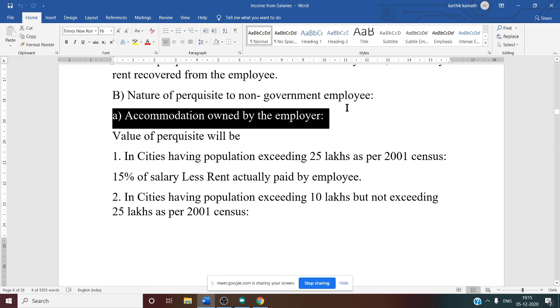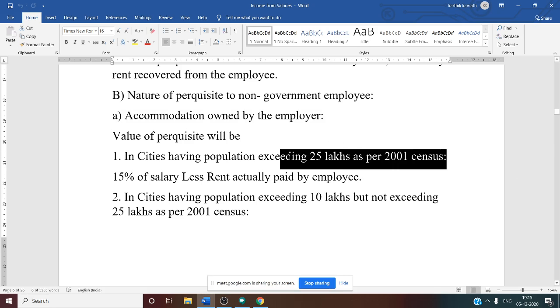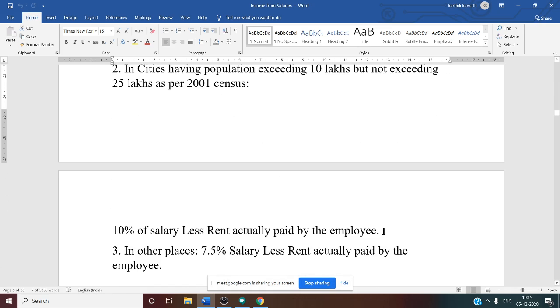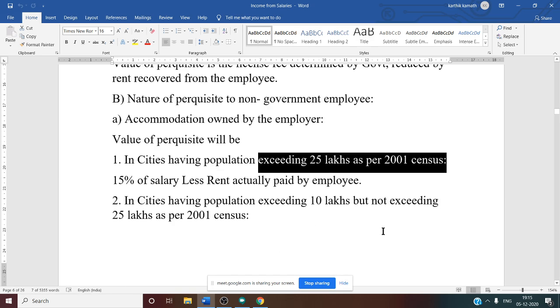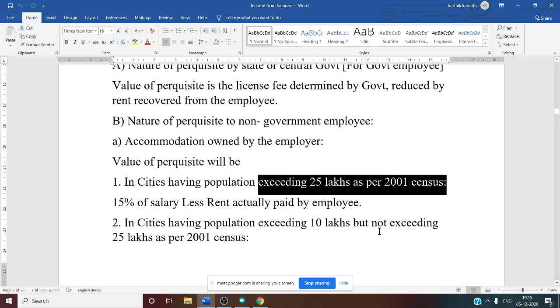If population is more than 25 lakh, 15% of the salary. If population is between 10 lakh and 25 lakh, then 10% of the salary. If population is less than 10 lakh, then 7.5% of the salary should be the value of the perquisite.